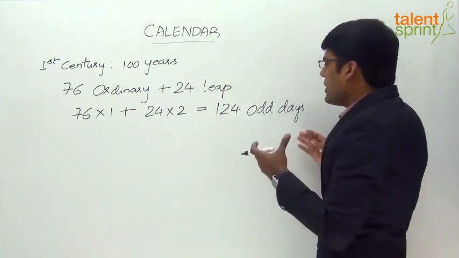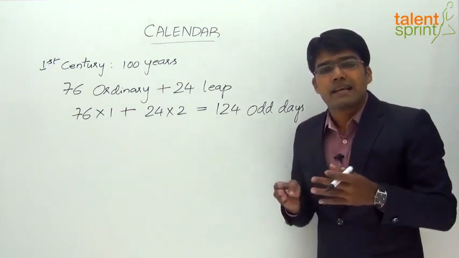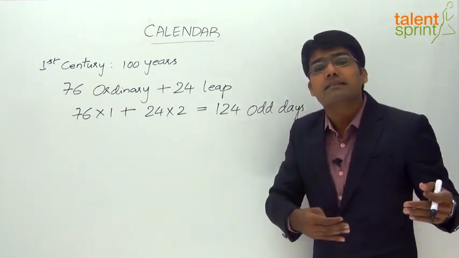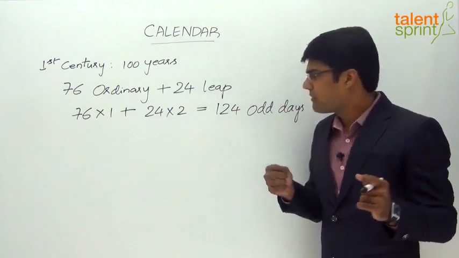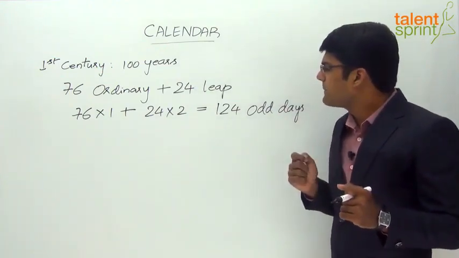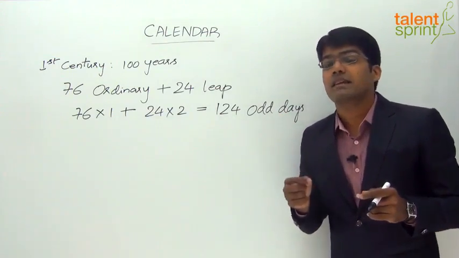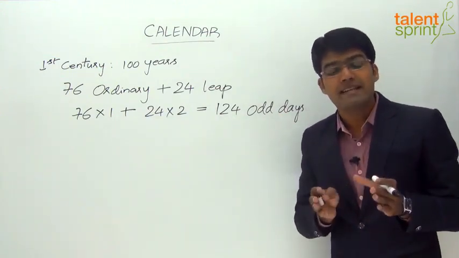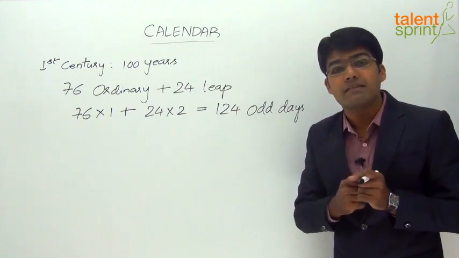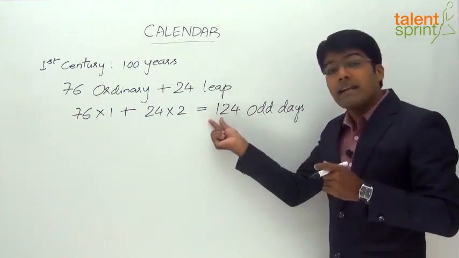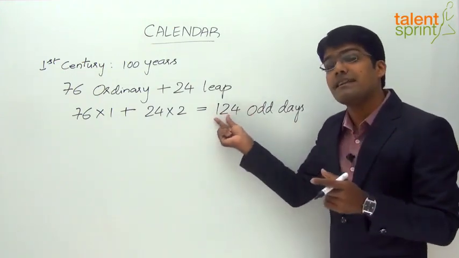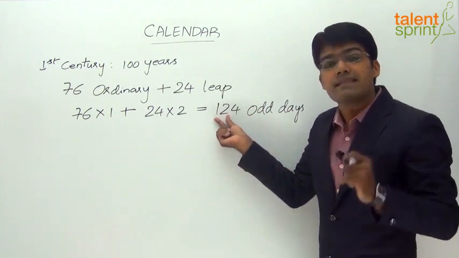But again, 124 odd days can be taken as some number of complete weeks plus an extra number of days. For example, 124 here would be 17 weeks because 17 into 7 is 119. So 119 days is equal to 17 weeks. So 119 days plus 5 days, where 119 days can be taken as 17 weeks.